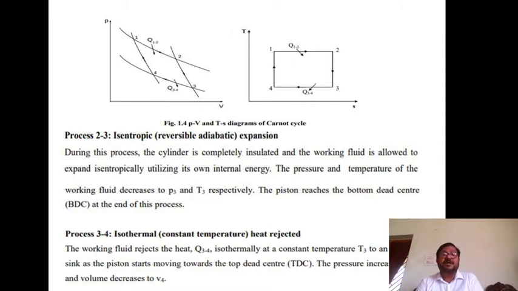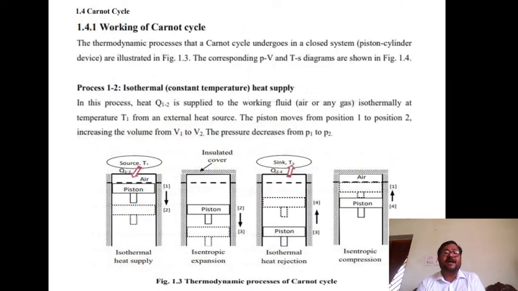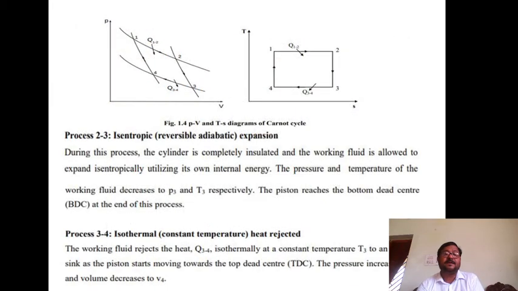2 to 3 is the reversible adiabatic expansion process. During this process, the cylinder is completely insulated and the working fluid is allowed to expand isentropically, utilizing its own internal energy. The internal energy gained from the supplied heat is used to move the piston forward, and then by giving up this internal energy, it goes back.